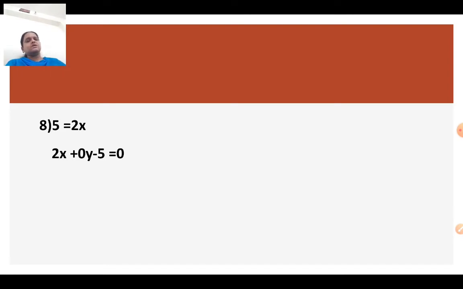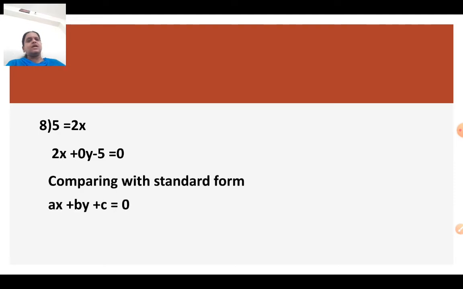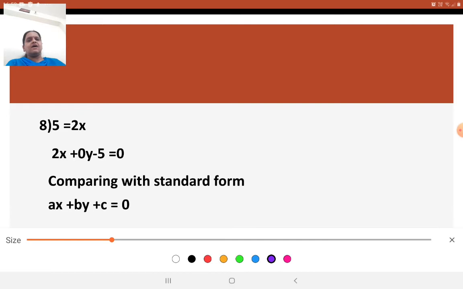The next step is comparing with the standard form of linear equation. Comparing with the standard form ax plus by plus c equal to 0, what will you get for the values of a, b, c?